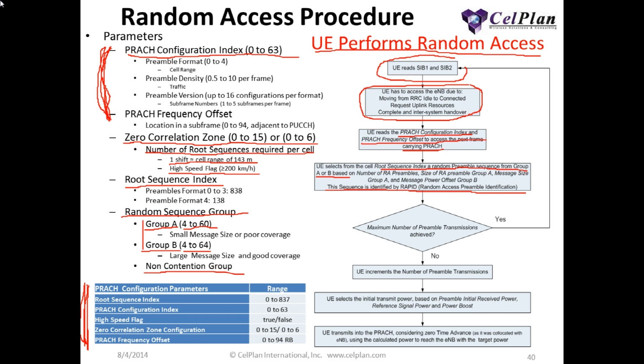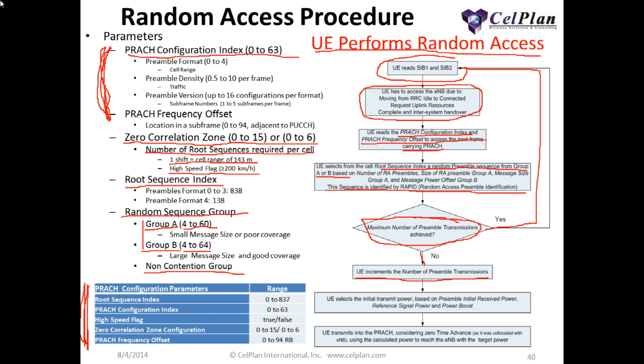Remember that I told you that it will start with low power. So it starts, waits for a reply. It checks if the maximum number of preamble transmissions was reached. If it was reached, it will start everything from scratch again. If it didn't reach, it will increment the number of preamble transmissions.